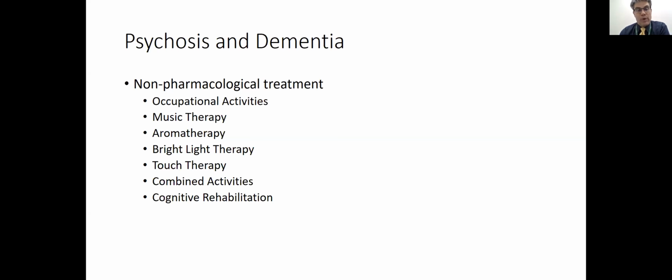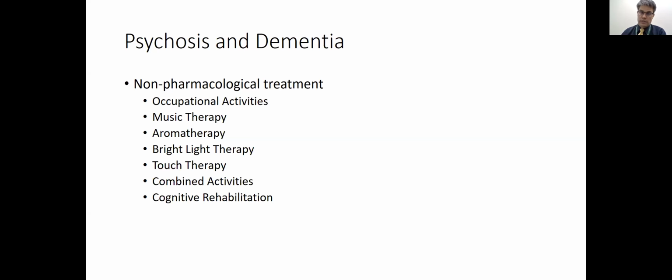Bright light therapy they tried. Again, probably not that helpful, though maybe a little bit of improvement in that. Touch therapy they also tried. There was a little bit of benefit compared to no touch. They did say that was significant, but it was a small group and didn't seem to be something that should be used too much.